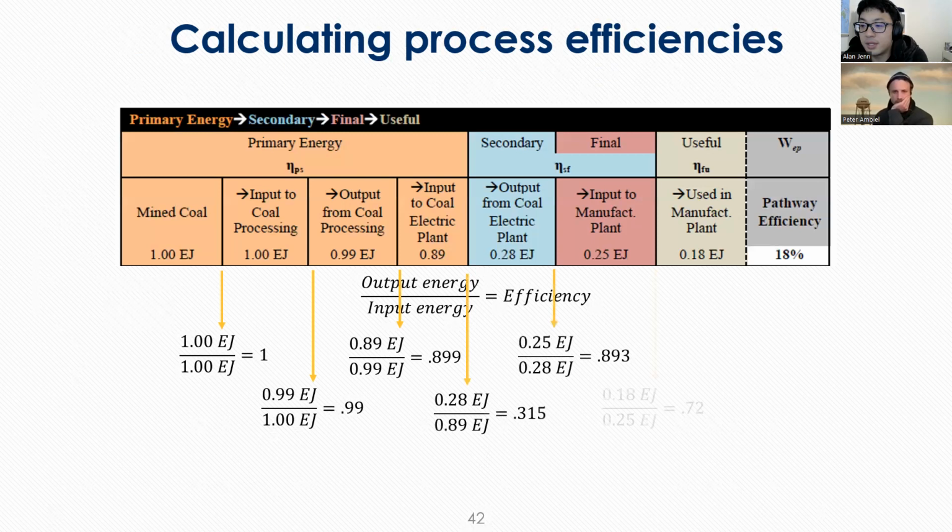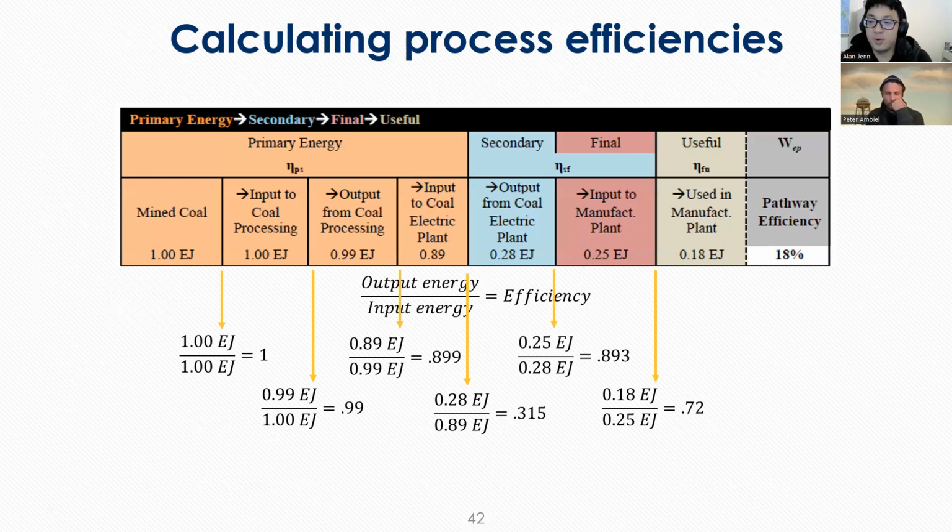And the rest of them are a little bit more efficient, so close to 90% and 70%. You can get from your start to your finish and look at the overall pathway efficiency by just doing the energy output divided by the energy input. In this case it is 18%.